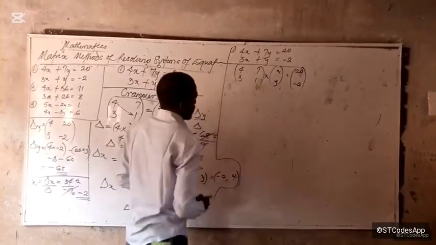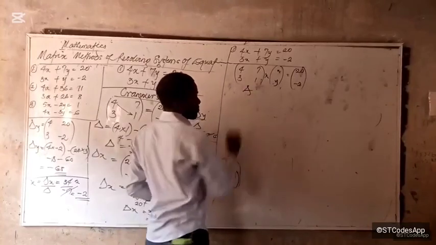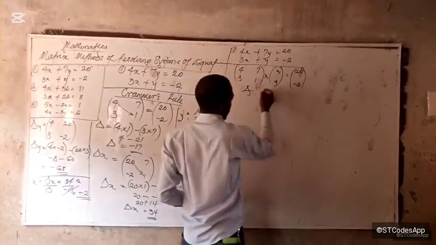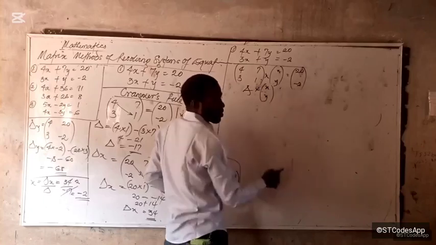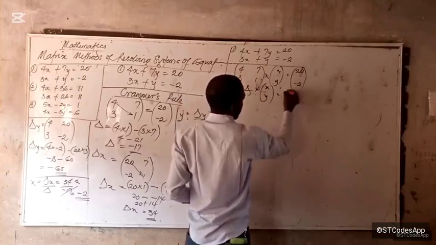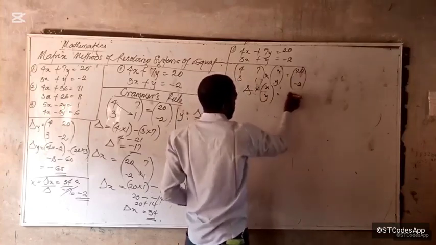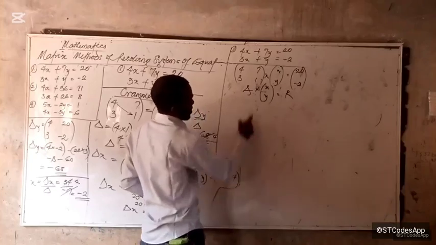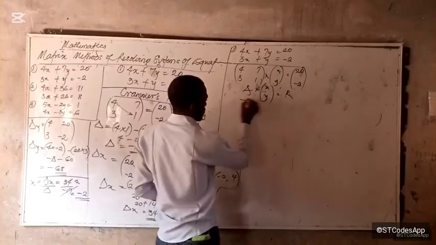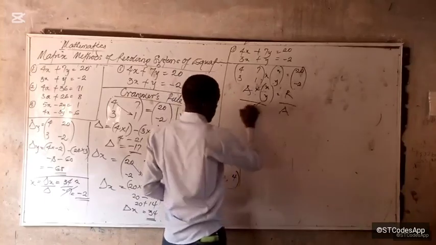Do you understand? So if I call this matrix A, and I call this my result, R, with x, y as the unknowns, then to find x and y, what do I need to do? I will divide both sides by A, does that make sense to you?